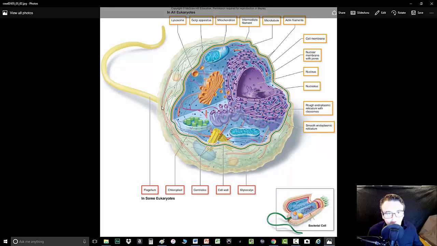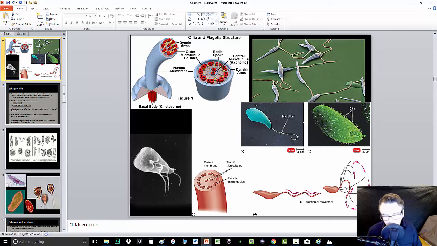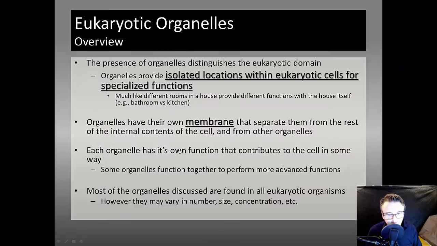So the cell here has its own membrane, and then structures here also have their own membrane. So membranes within membranes. And that's one of the things that partly defines what an organelle is here. Okay, but ultimately they're isolated locations with their own membrane and their own functions. And again, collectively, they serve to make each part of the cell dynamic and function separate from the rest of the cell.